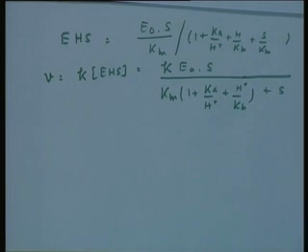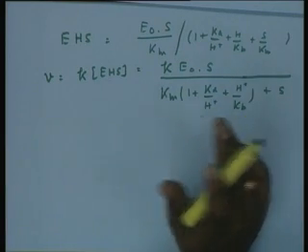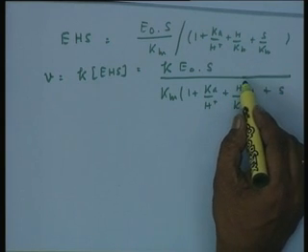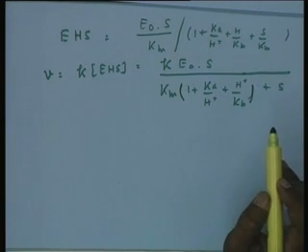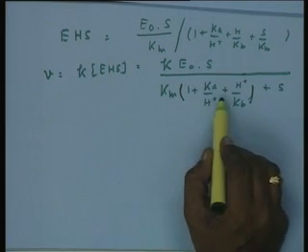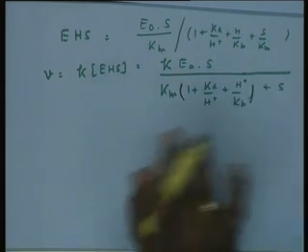Now, here if you notice, the whole effect of the change of pH, that is the hydrogen ion concentration, is influenced by the parameter in the parentheses. The parameter in the parentheses depicts the effect of pH on the reaction velocity.